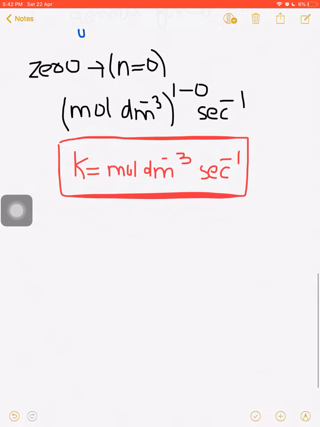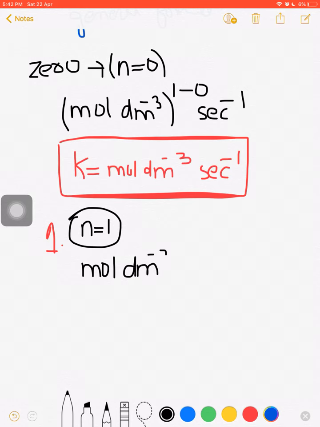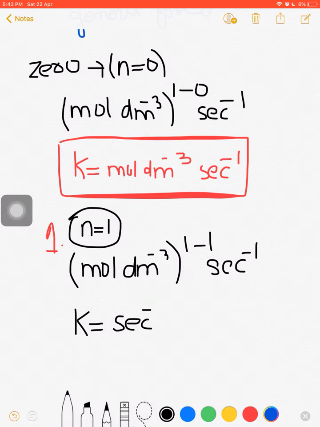Now let's find the unit of k when the order of reaction is 1. Now n is equal to 1. Mole dm cube to the power 1 minus 1, second inverse. 1 minus 1 is 0, so k will be equal to only second inverse.